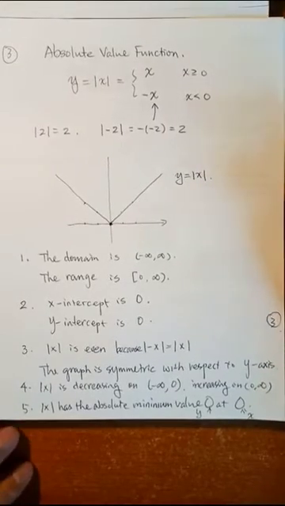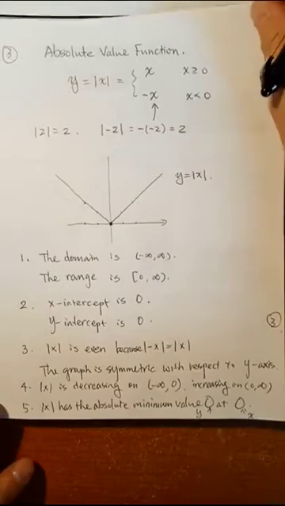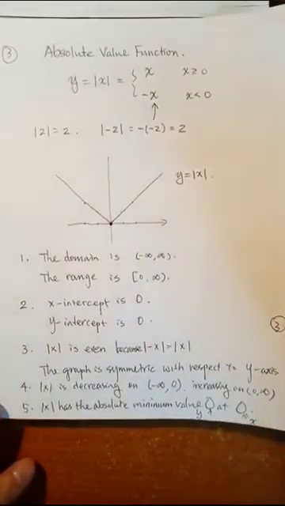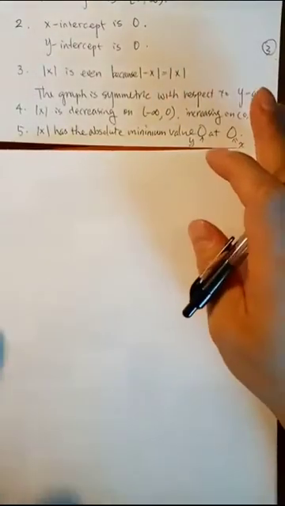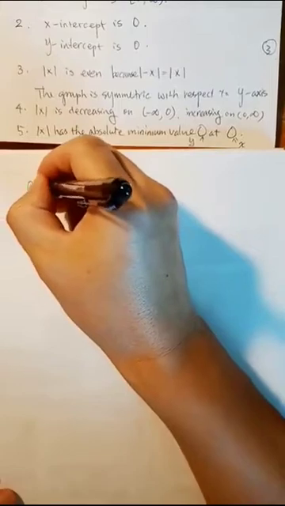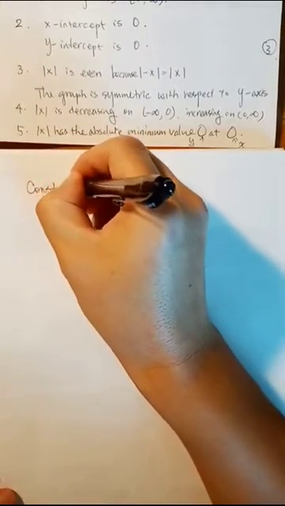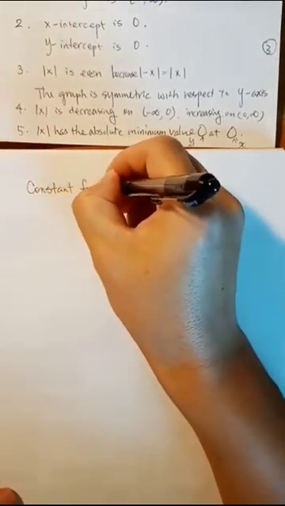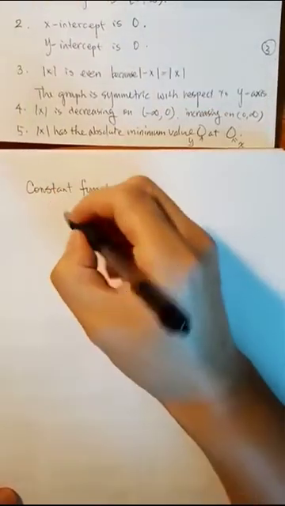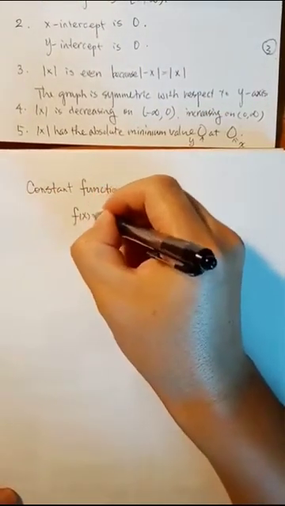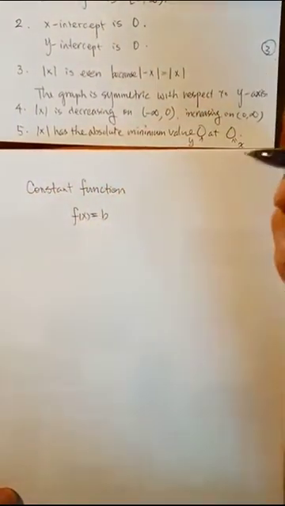Okay, so to summarize the section, we have the following list. We already studied many functions, so now let's just list them and review. So first, we have a constant function, f(x) is equal to b. b is a constant.